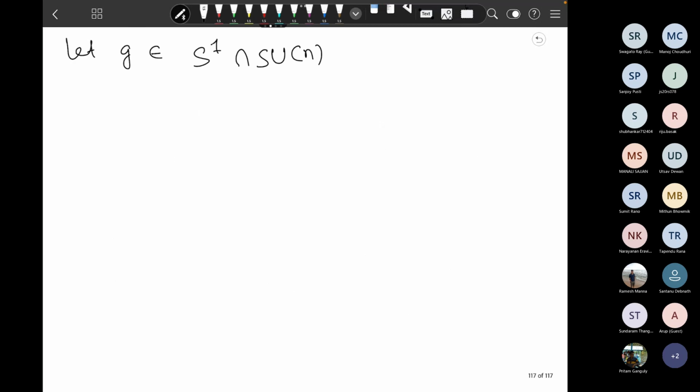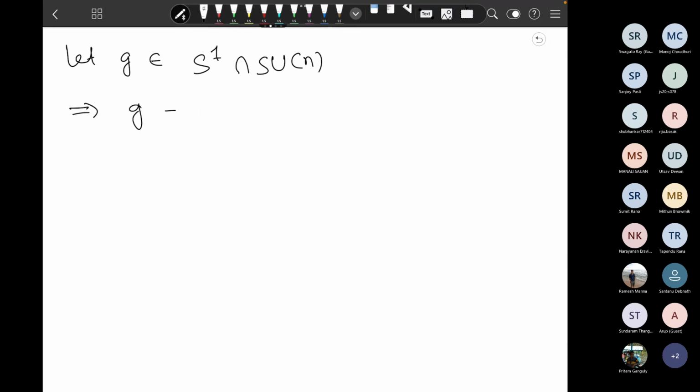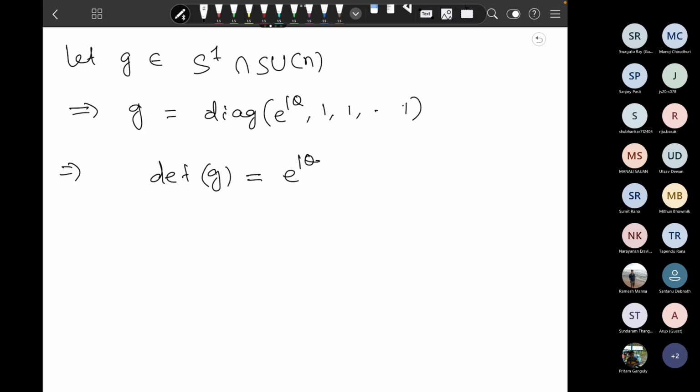Since G belongs to S1, G is equal to the diagonal matrix with e to the power i theta, 1, 1, 1. Now I take the determinant of G on both sides, so this will be e to the power i theta.